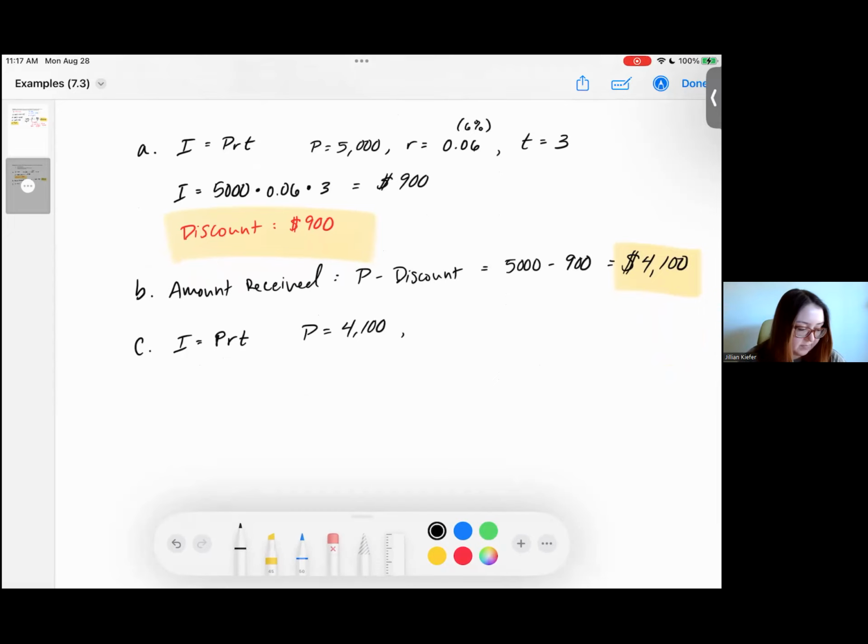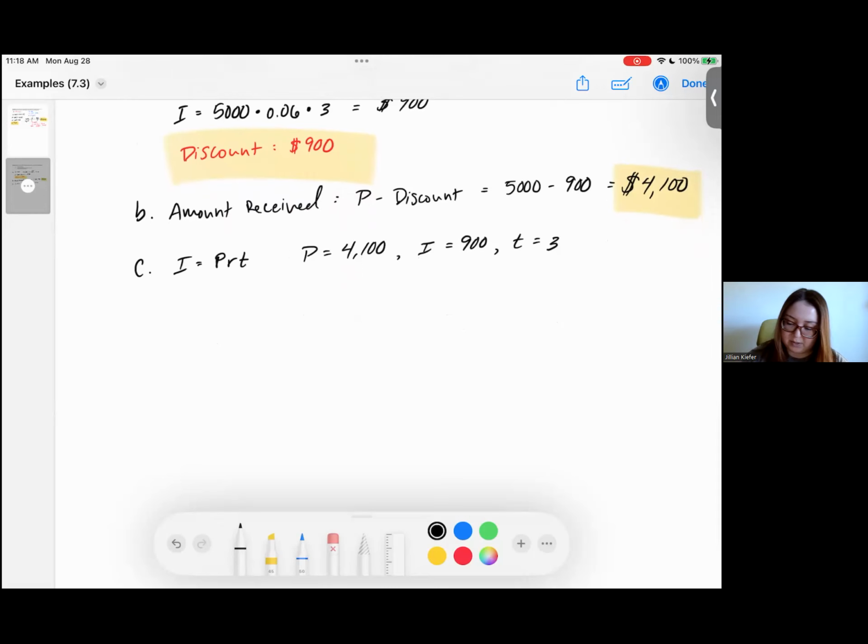With, once again, the rate is what we want to find. So we don't know the rate, but we are told the interest would be $900 from part A. That's how much our interest rate should be. And our time is still 3 years. So in this case, we're finding kind of the true interest rate.